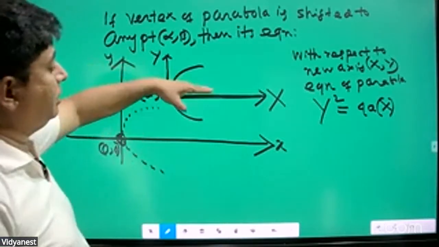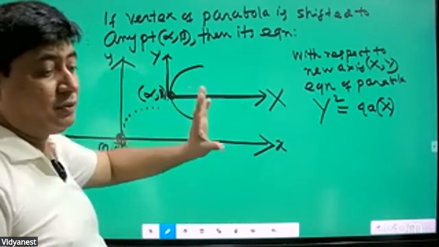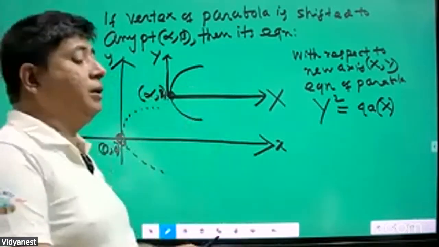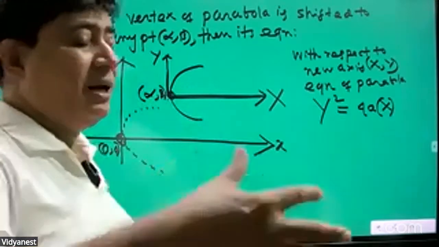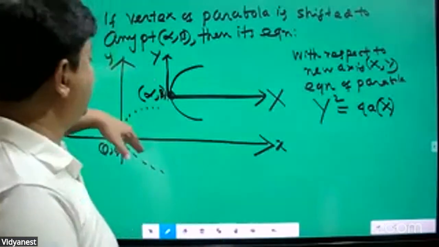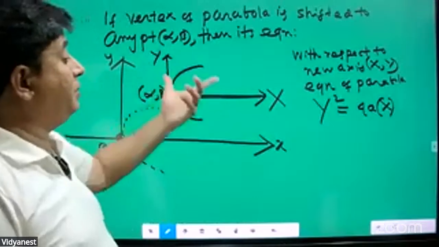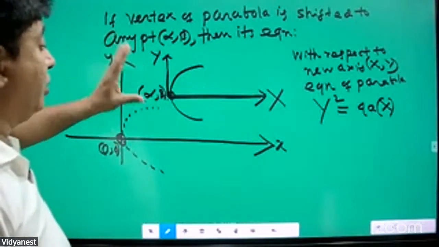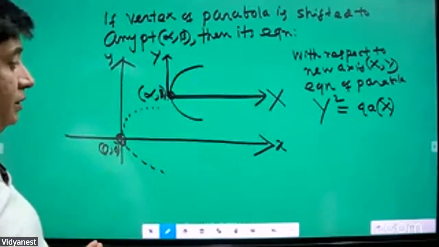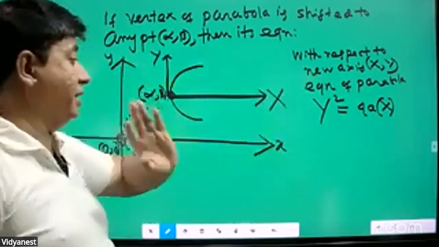That means the temporary or new axis will always be measured with respect to the original axis.